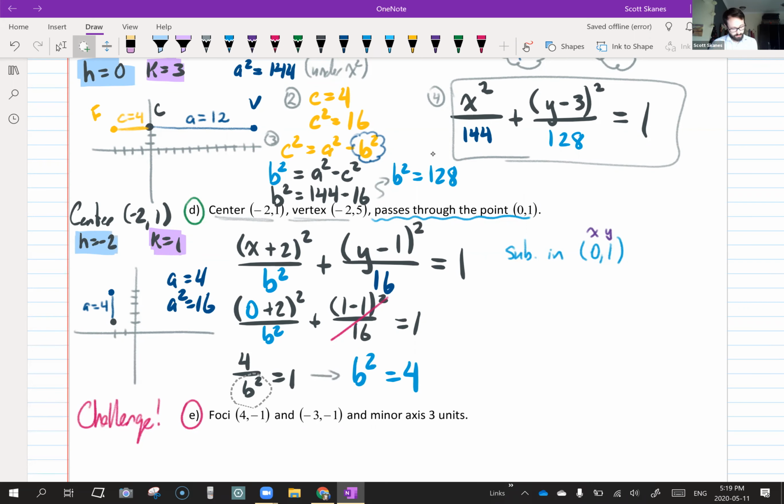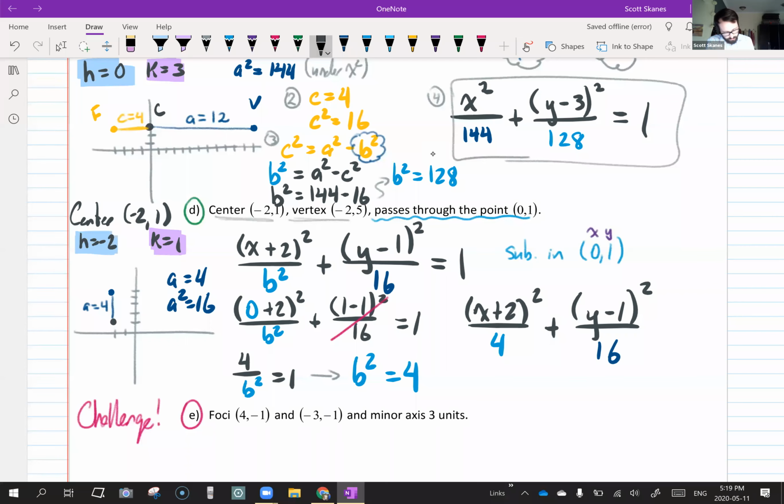I knew I could do it. I'm going to finish right on time. Let me write the equation. Final answer, x plus 2, all squared, over 4 plus y minus 1, all squared, over 16 equals 1. And we're done.